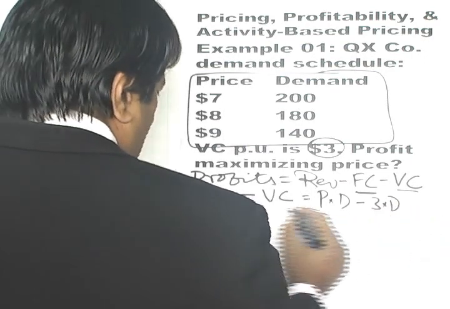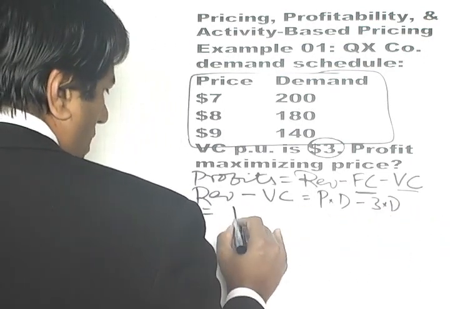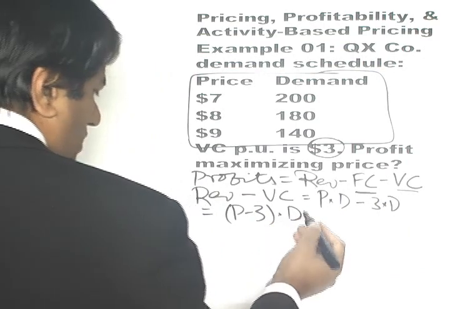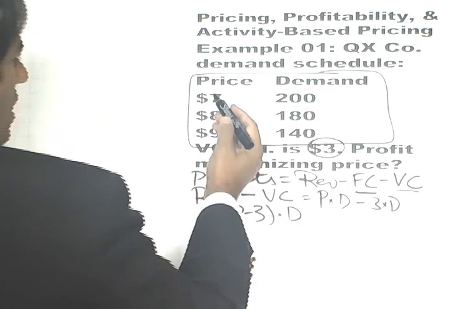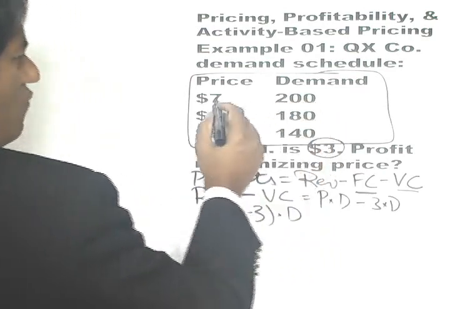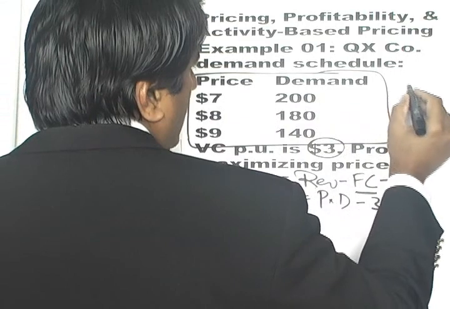Or that is equal to price minus 3 into demand. So this is what we're looking to maximize. So 7 minus 3 is 4. 4 into 200 is 800.